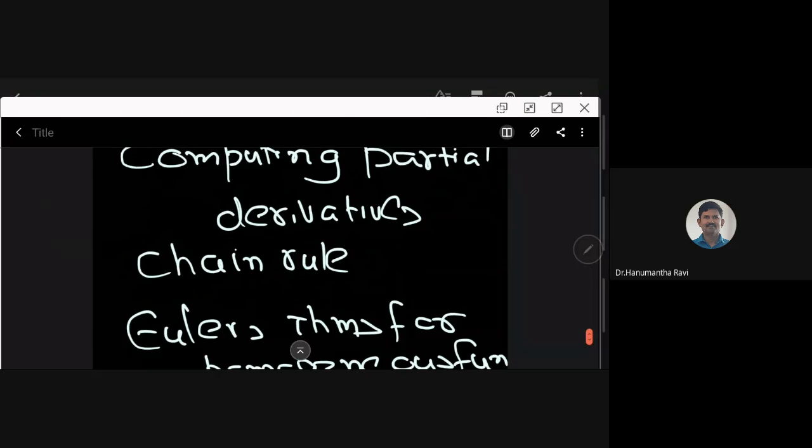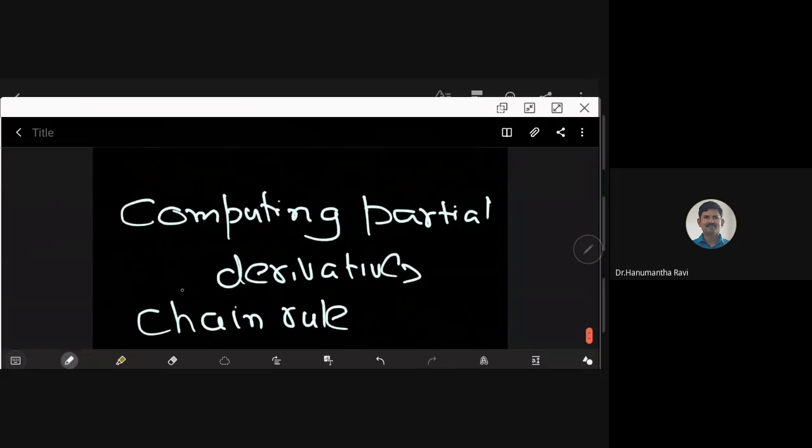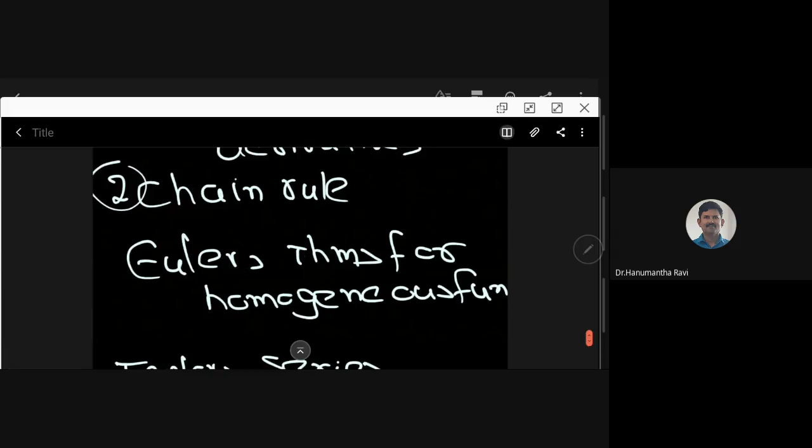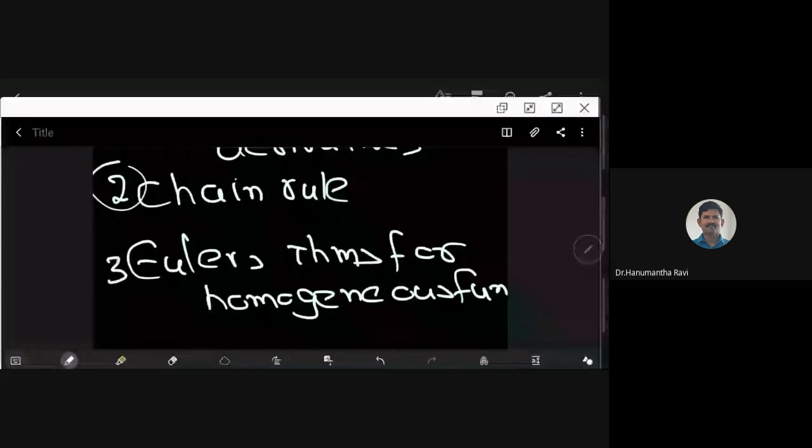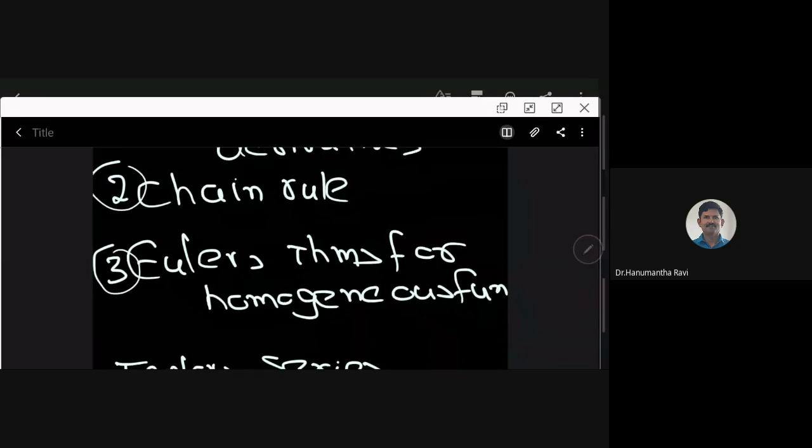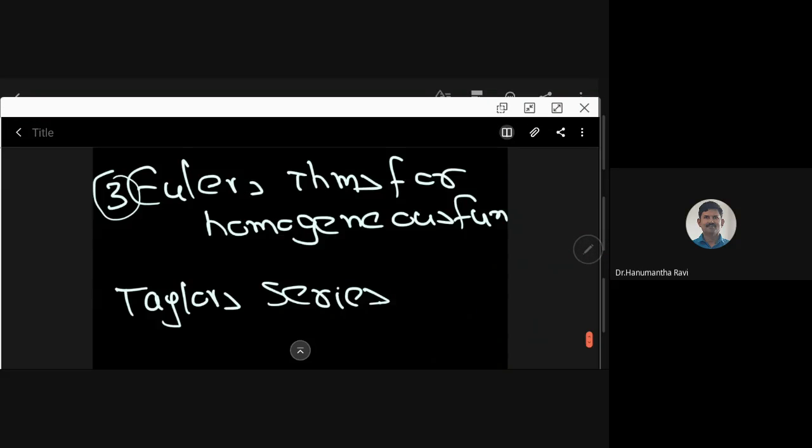Simple computation of partial derivatives, chain rule, Euler's theorem, and Taylor's series.